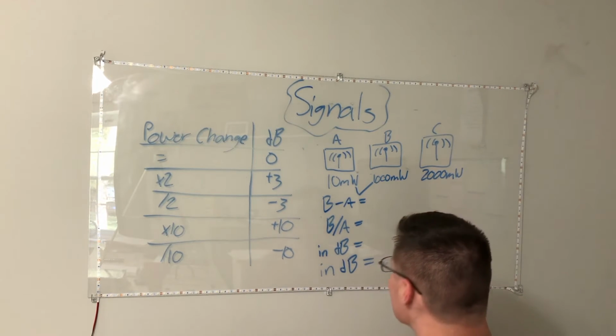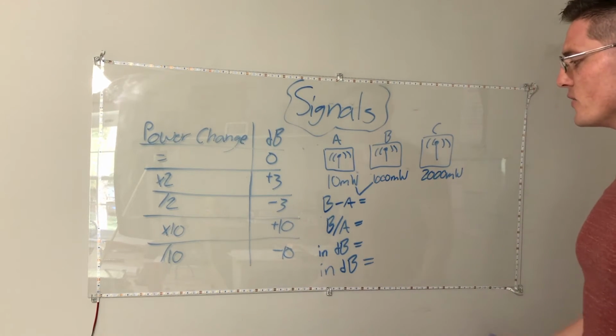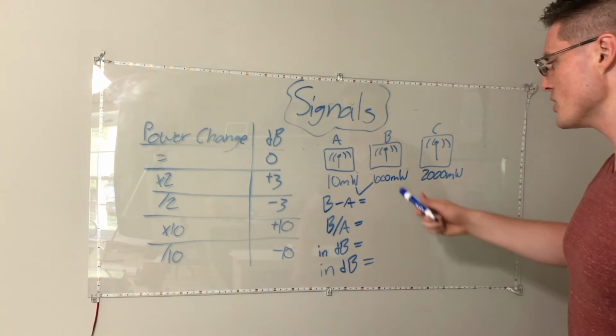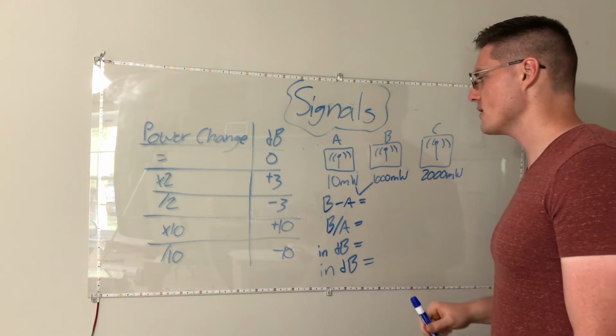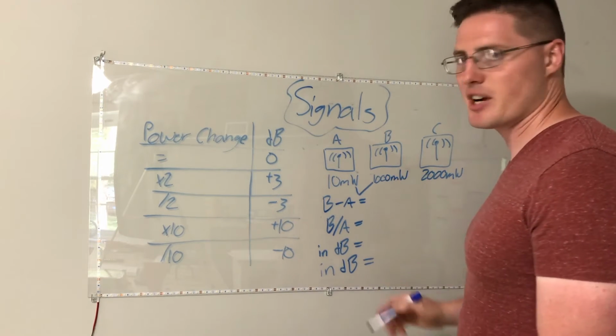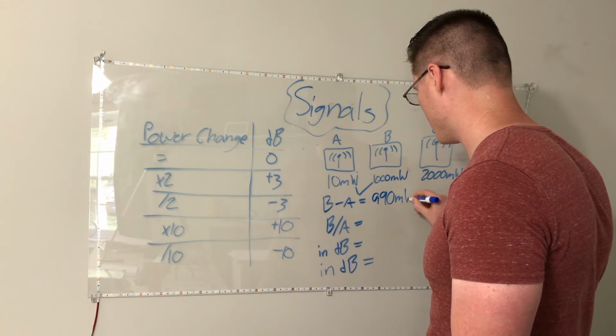So in this scenario, if you're subtracting different milliwatt values to get the milliwatt difference between one reference antenna to another, it's simple. You do 1,000 minus 10, and that's 990 milliwatts.